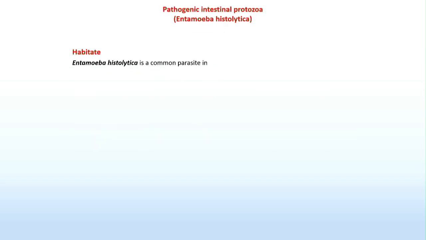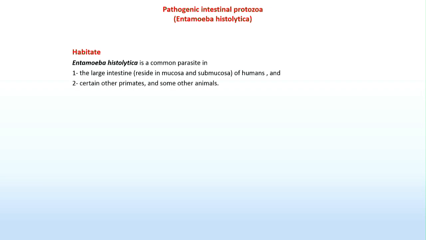Today we will talk especially about Entamoeba histolytica, which is pathogenic in the intestine. The habitat of Entamoeba histolytica is the large intestine, where it resides in the mucosa and submucosa of humans, certain other primates and some other animals.